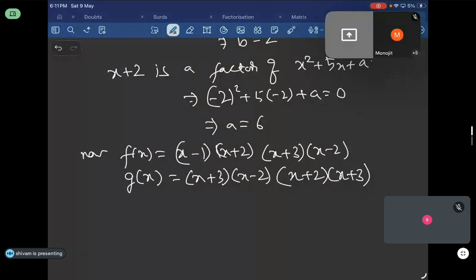Okay. Last problem. Question number 11. You people solve this. This is the last problem.